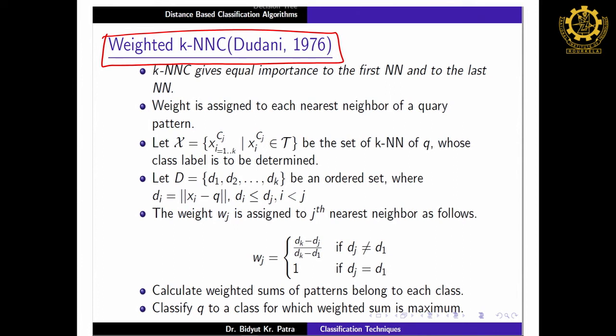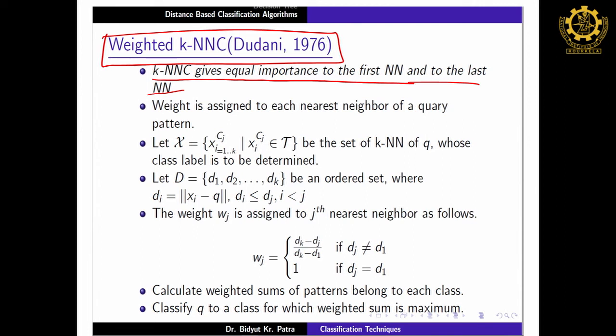Now, there is one drawback here: they found that KNN gives equal importance from the first nearest neighbor to the last nearest neighbor. If you have 10 friends, it is really difficult to give equal importance to all of them. You give some friends more; you discuss your problems or share your joy with a close friend much more than with the others.